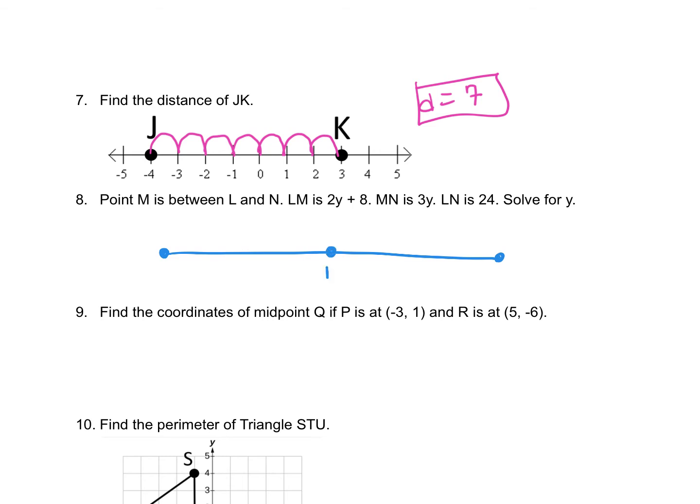And it tells us that point M is between L and N. Then it goes to tell us that LM is 2y plus 8, and that MN is 3y. And then it says to solve for y, given that LN, which is the entire thing, is 24.